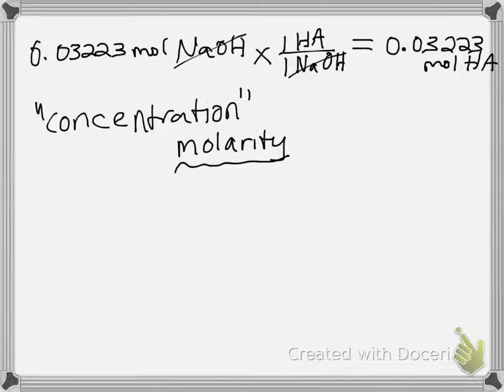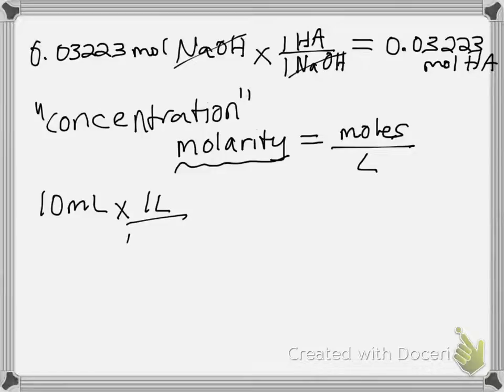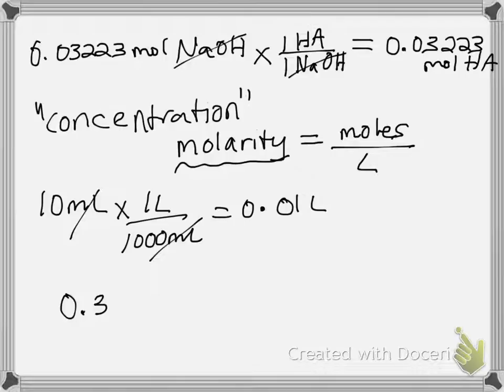With that assumption, we also need to convert 10 milliliters of acid into liters, because molarity means moles per liter. All right, so the last step to get the molarity of the acid is, oh no, I put that in the wrong spot.